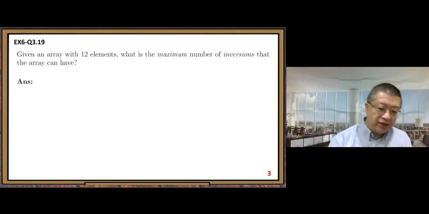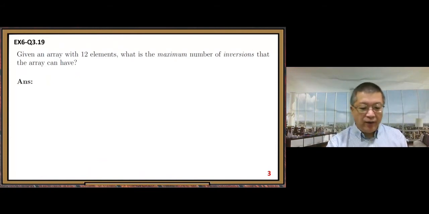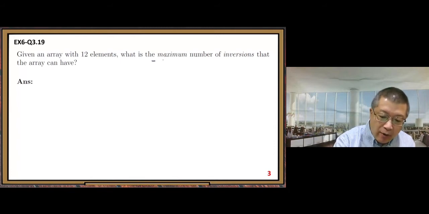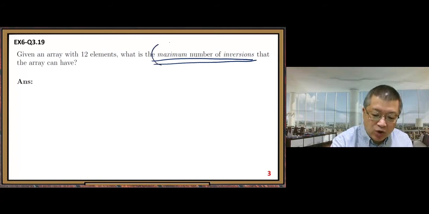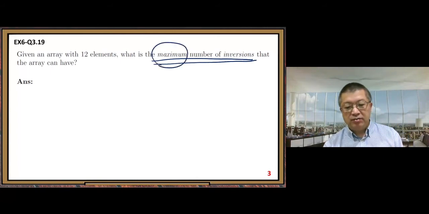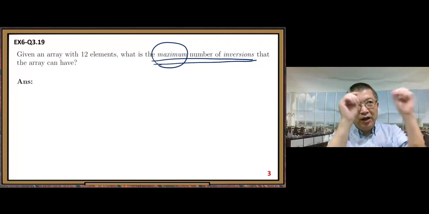For this question, given an array with 12 elements, what is the maximum number of inversions that the array can have? Try your best to get the maximum number of inversions. First, you need to know the meaning of inversion, right?